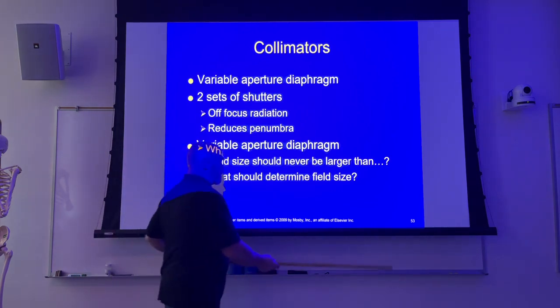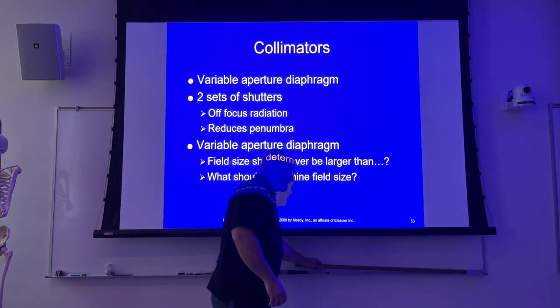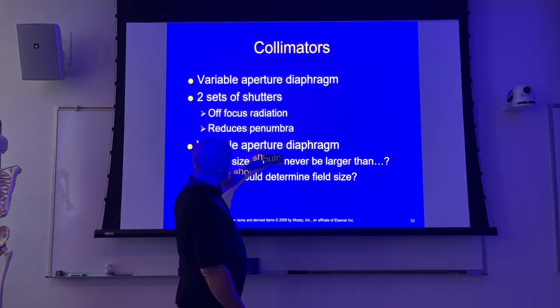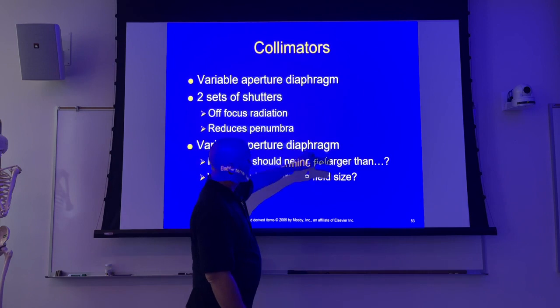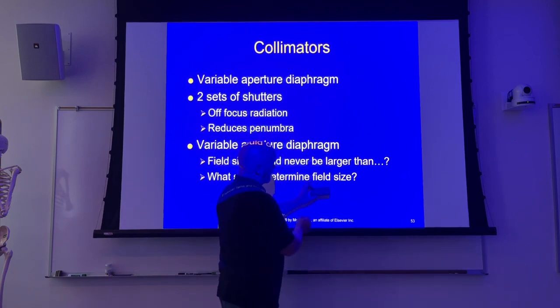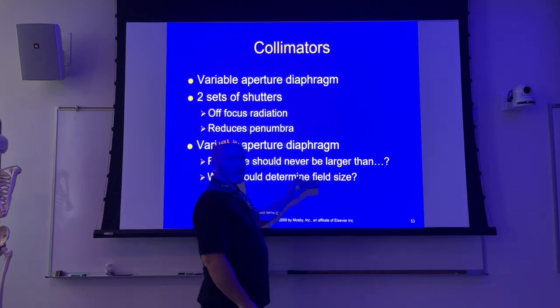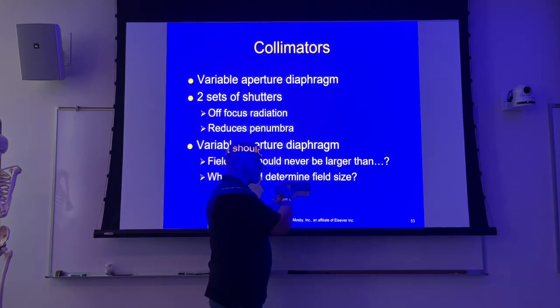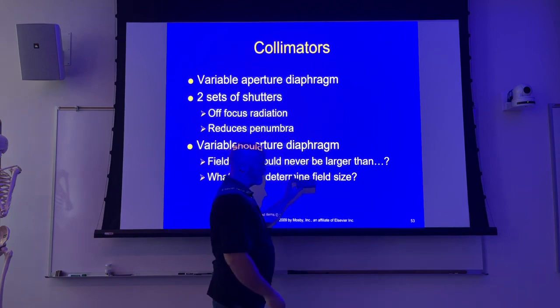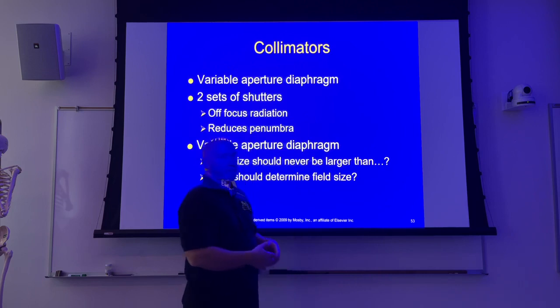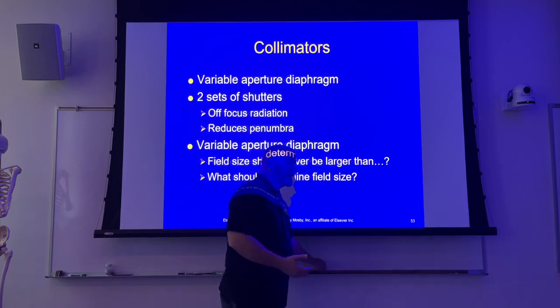If you have an image receptor size that is as big as this eraser, and I expose my entire hand, there is no world in which I can put my entire hand on that image receptor. So the overall collimation should be no larger than the image receptor because you're just adding dose to the patient. You won't get any data out of it.